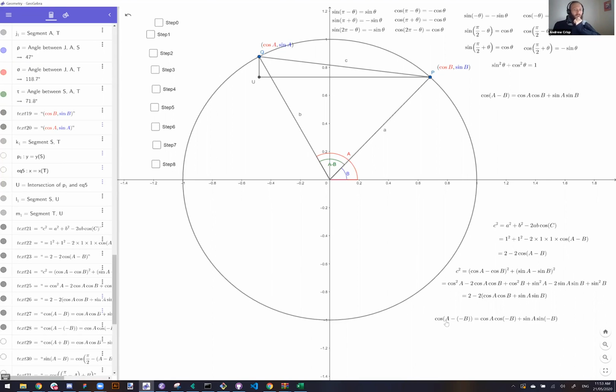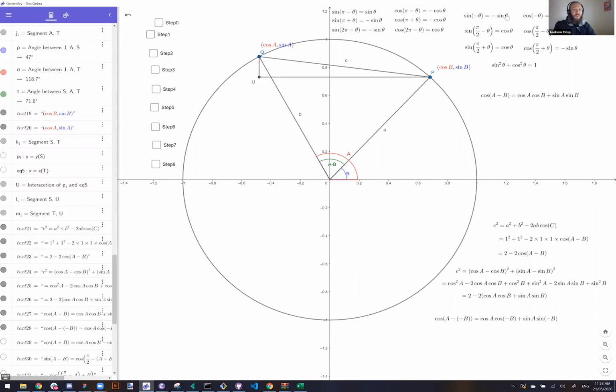Well, we know that minus minus turns into a plus. Why would you break a plus into two different minuses? It's because we already know what to do with a single minus. So just applying this identity straight away says that cos of A minus minus B would be just the same as up here, but I replaced the B with a minus B instead.